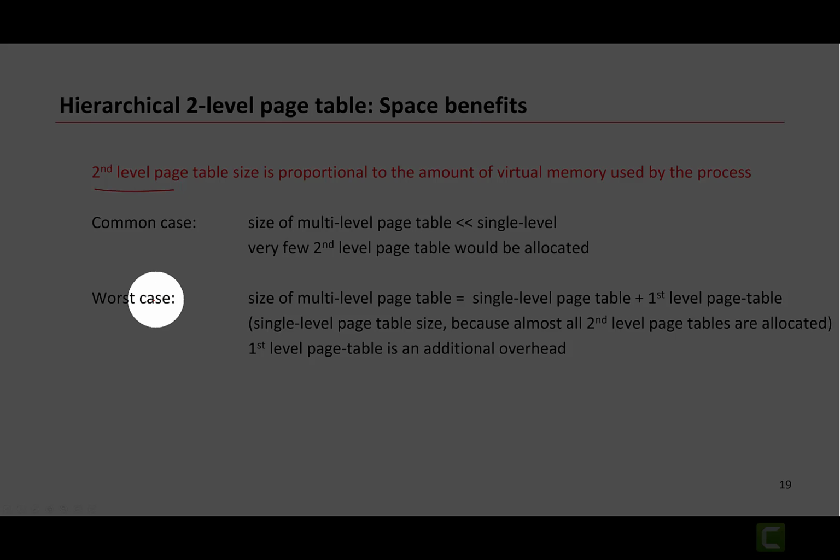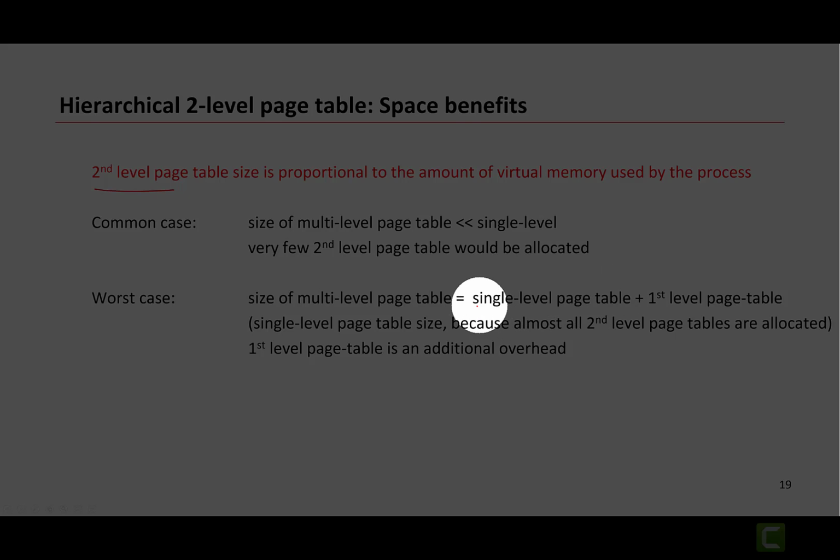But in the worst case, you may need all the second level page tables plus your super page table. So remember, if I aggregate all the second level page tables, that would be the same number of entries that I had in the single level page table.